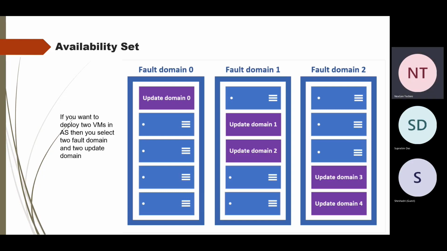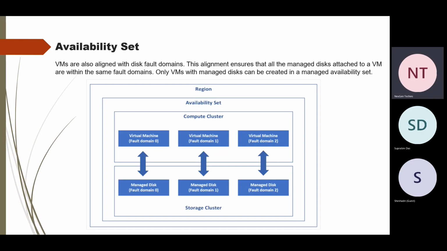When they deploy the two VMs, they have to select two fault domains and two update domains. So fault domains represent the racks, update domains represent the VMs, and this will guarantee 99.95% availability of your VMs.